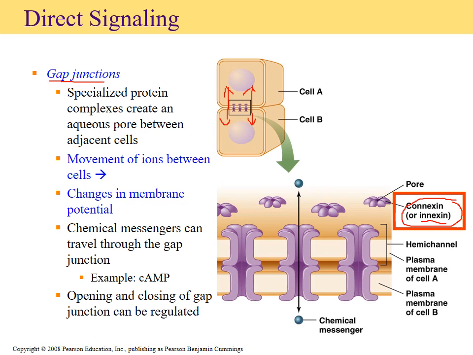So it's an excellent way to change the membrane potential, especially if you have an excitable cell that can easily depolarize and reach action potentials. You can also utilize it for repolarization, which would often mean that you're resetting the cell back to its resting membrane potential. We also know that you can have chemical messengers that can travel through the gap junction.